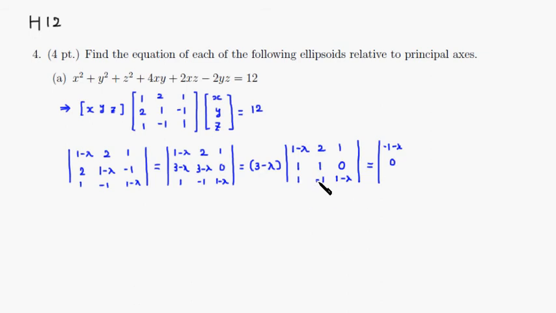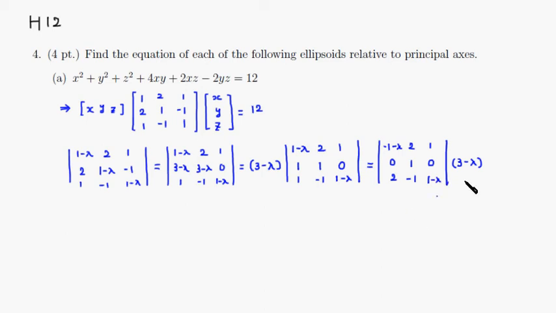And 1 minus -1 is 2 here. Oh, actually I forgot to put the 3 minus lambda there, so I'll put it at the end. So you have 3 minus lambda. Sorry about that. Then the rest is the same: 2, 1, negative 1, 1, 0, 1 minus lambda.